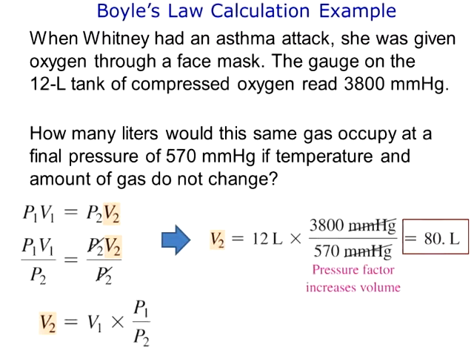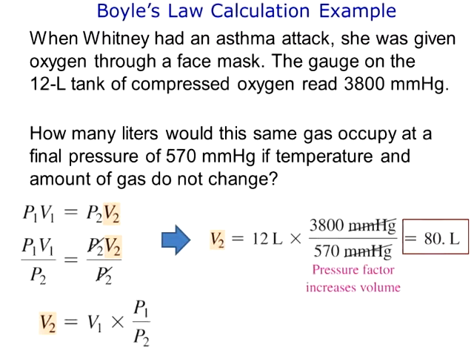You also know 3,800 millimeters of mercury is also 3,800 torr, a direct substitution. Here's the question. How many liters would this same gas occupy at a final pressure of 570 millimeters of mercury if temperature and amount of gas do not change?